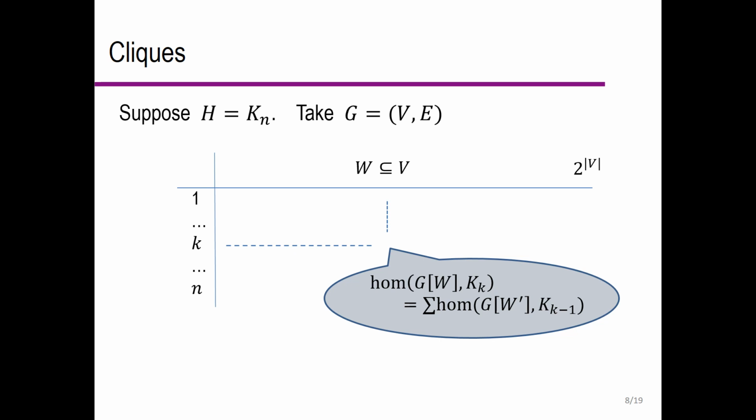Otherwise, if the complement of W prime is an independent set, then clearly any homomorphism from G restricted to W prime to k minus 1 can be extended to a homomorphism. So, a quick calculation shows that all this computation can be done in plain exponential time, 3 to the power of V. Later, a more sophisticated algorithm improved this bound to 2 to the power of V.